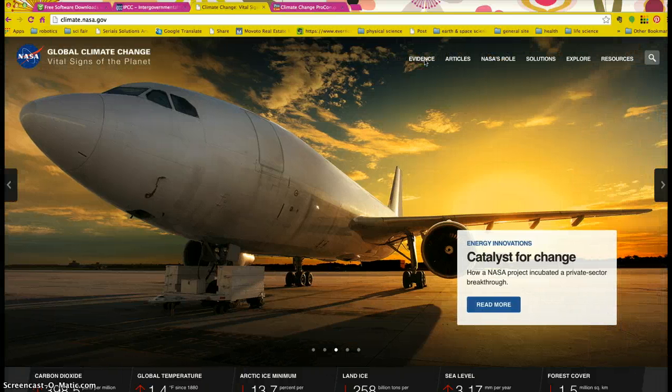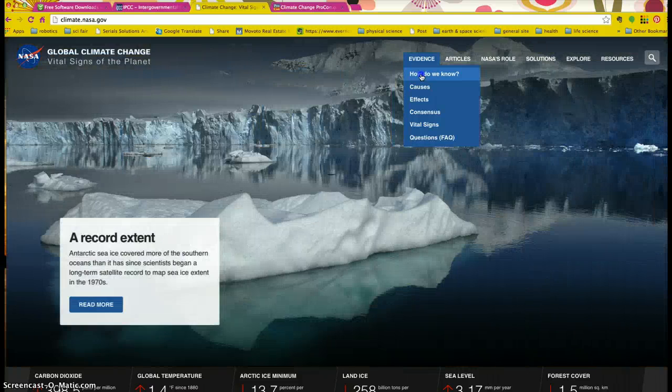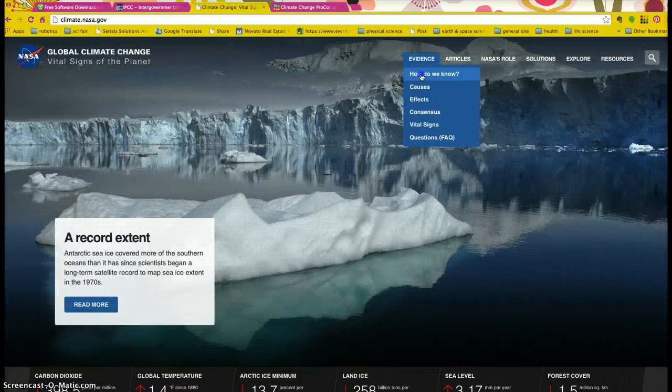Under evidence, there are some subheadings. How do we know? That's a great place to start. How do we know that we have global climate change if we do have it? Let's click on that.